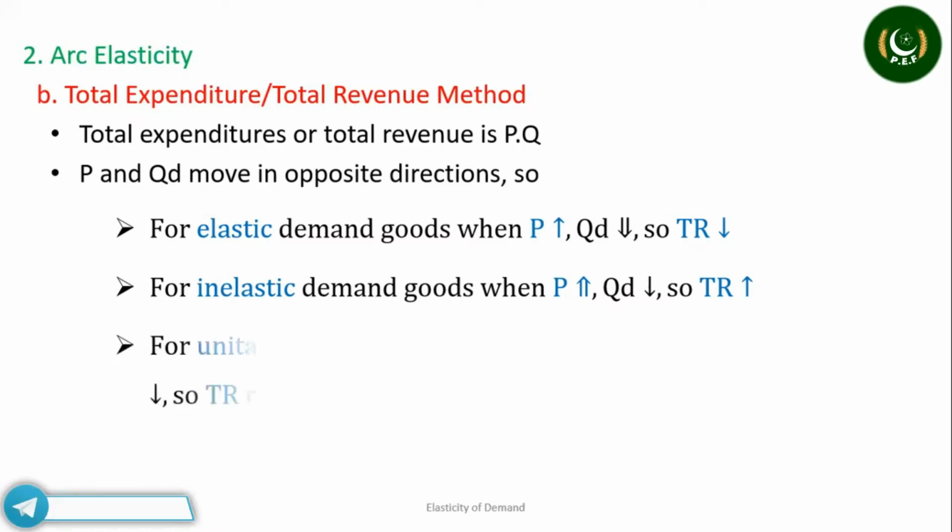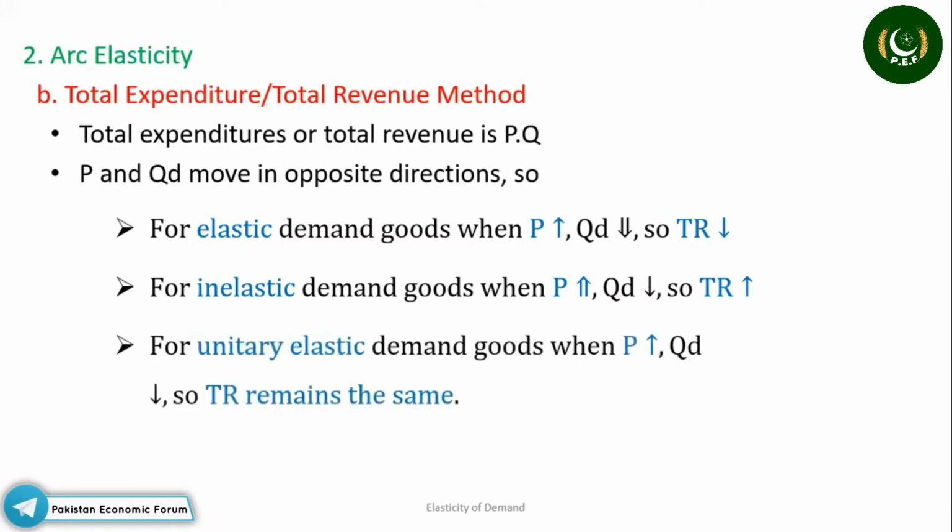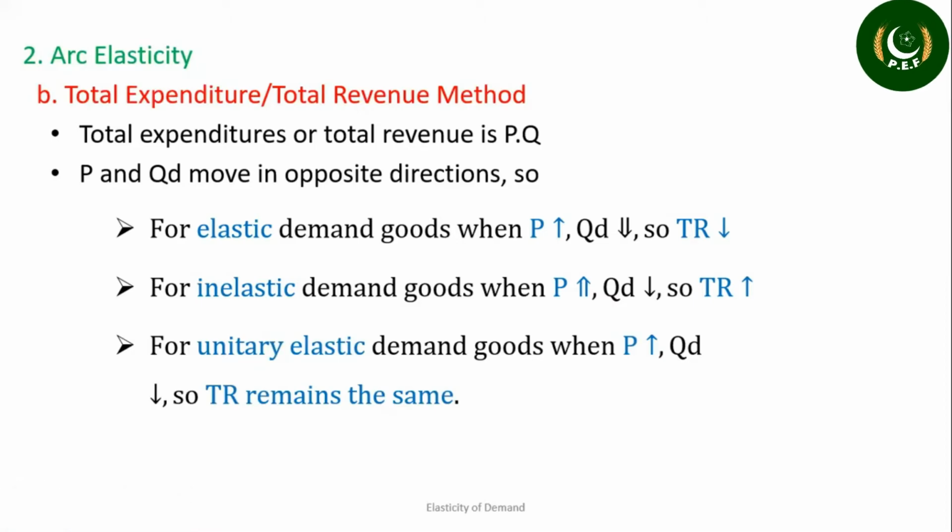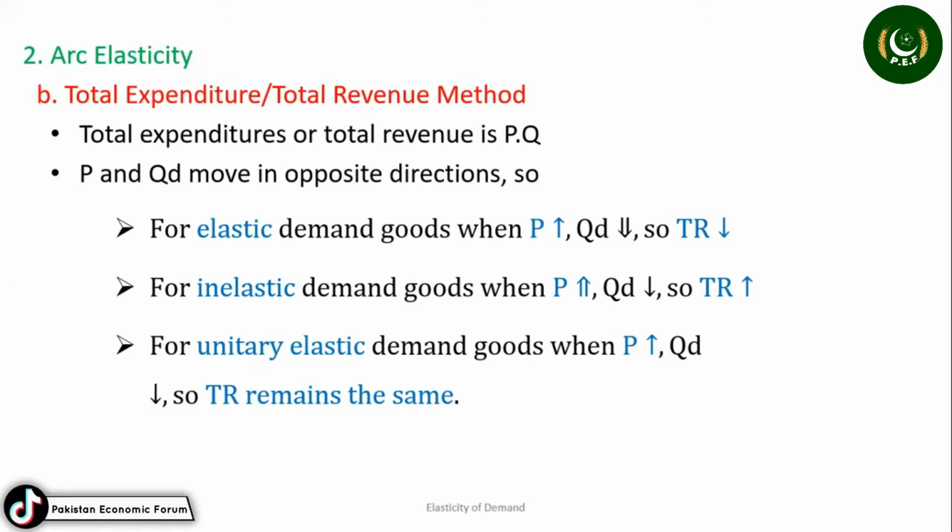However, when the change in price is matched equally in magnitude by the quantity demanded, both a fall in price with a rise in quantity demanded, or a rise in price with a fall in quantity demanded, cancel the magnitude of each other and total revenue remains the same. This is the case of unitary elastic goods.